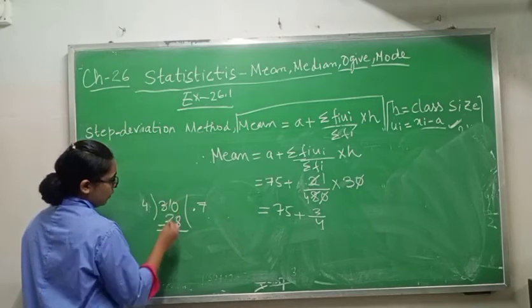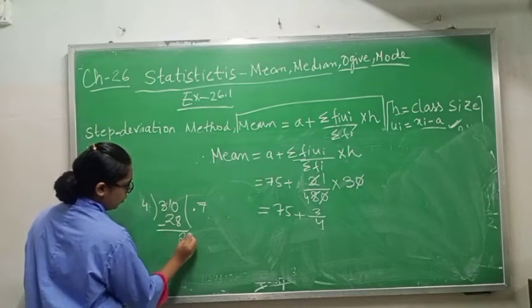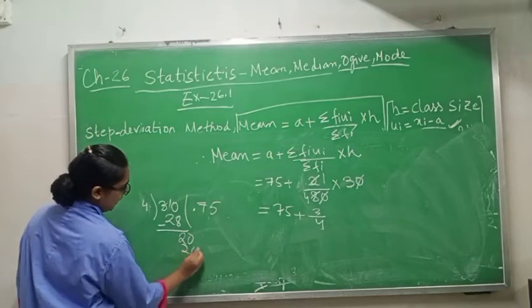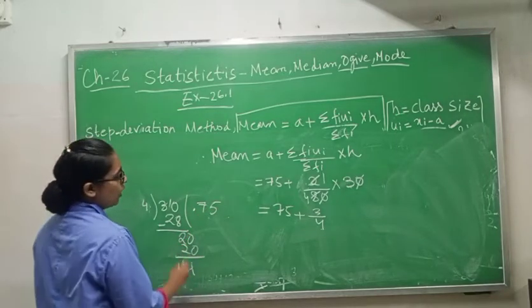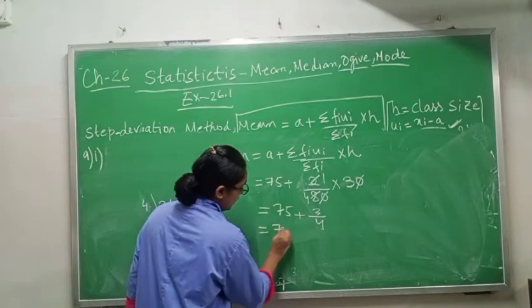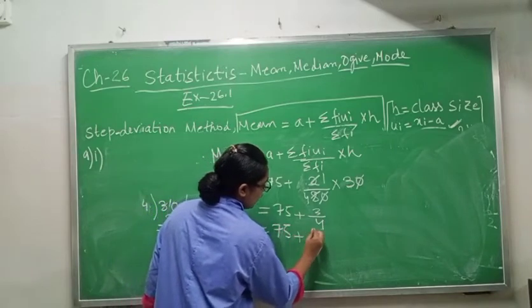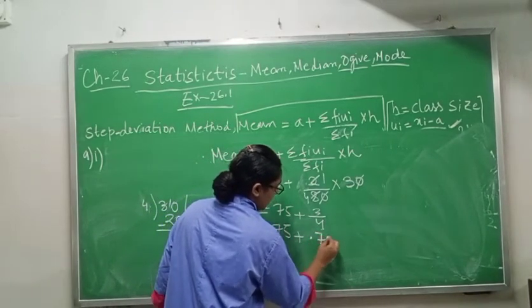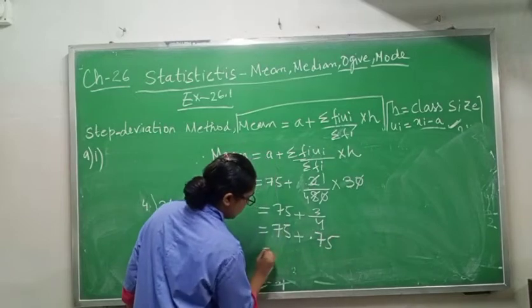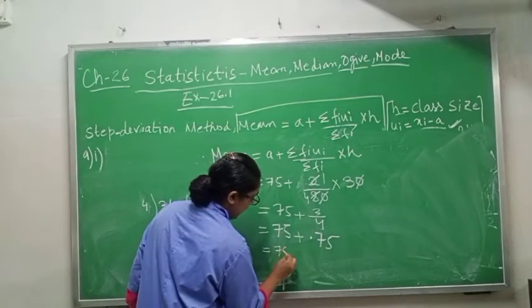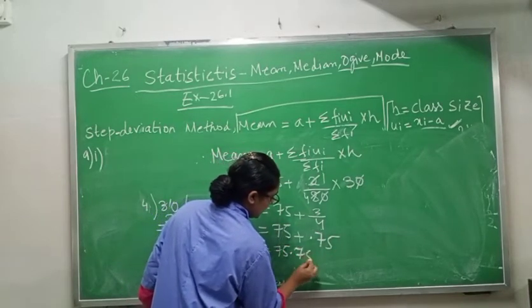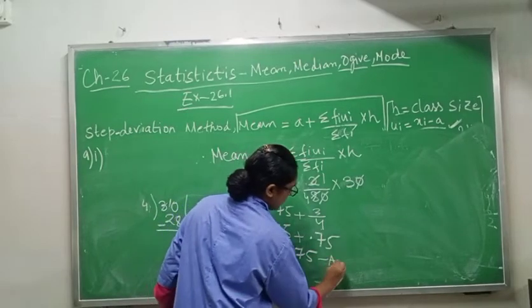Subtraction: 30 minus 28 is 2, 0. 4 5s are 20. So you are getting 0.75. Means 75 plus 0.75. Now when you add this, you will get 75.75. This is your answer.